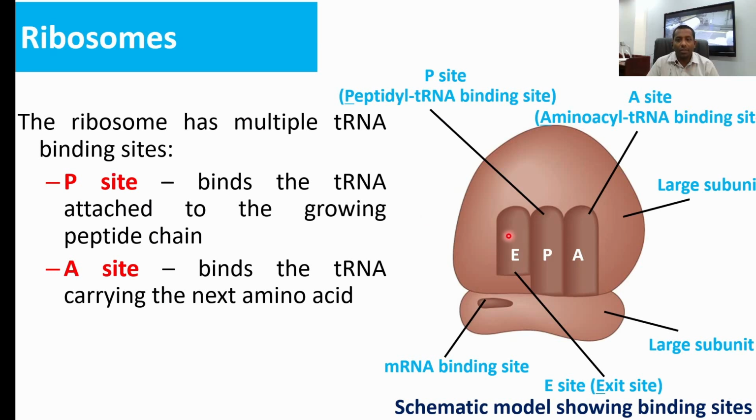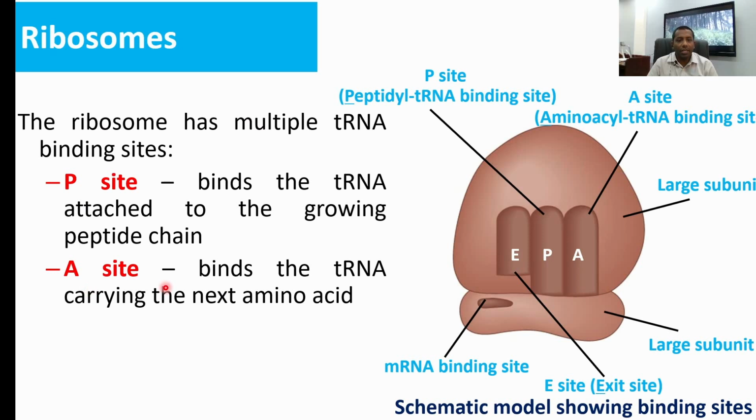We call them the E, P, and A sites. The P site binds the tRNA attached to the growing peptide chain, so we call this site the peptidyl tRNA binding site.